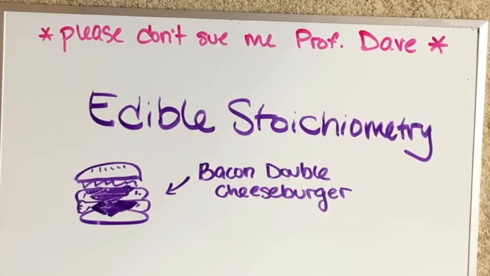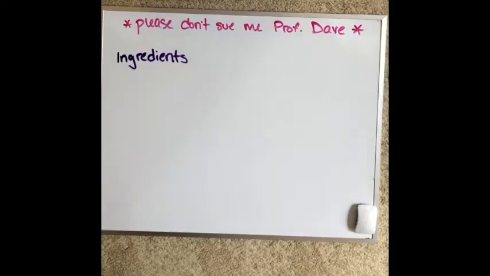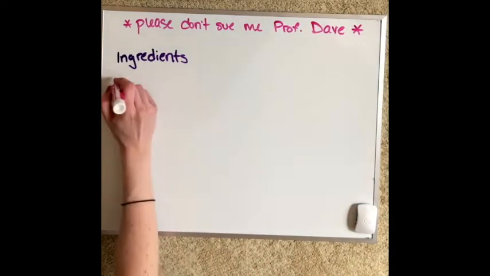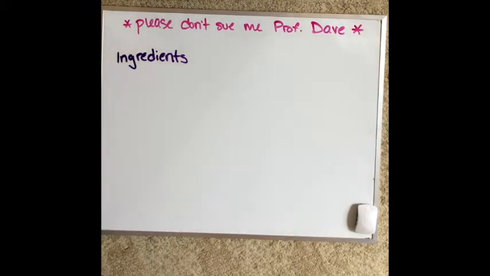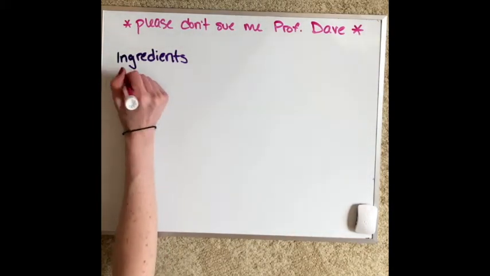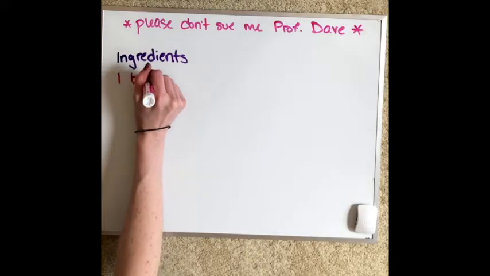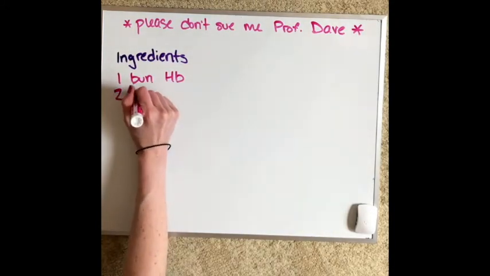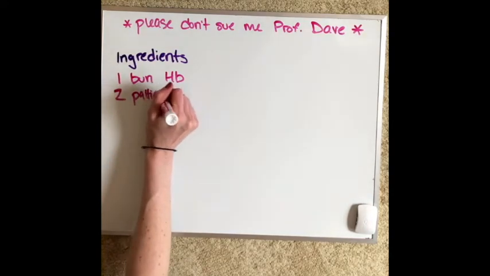So, in this lesson, I'm going to go over some stuff that you encountered in the Edible Stoichiometry lesson about building bacon double cheeseburgers. Alright, so let's start out by listing all the ingredients you would need. To make our bacon double cheeseburger, we're going to need one hamburger bun with the symbol HB. We're going to need 2 patties with the symbol HP.